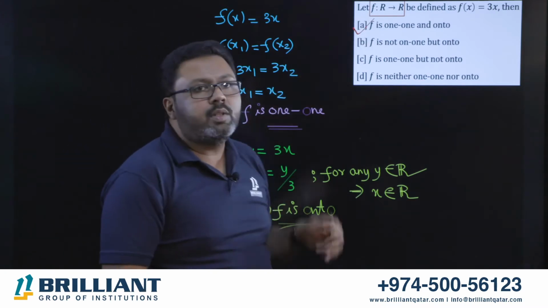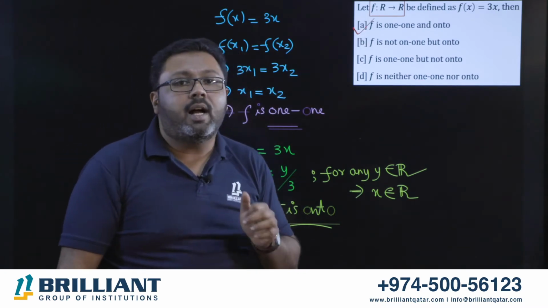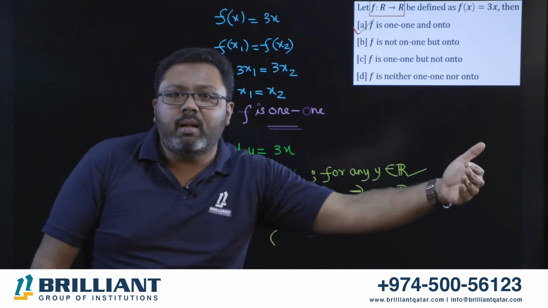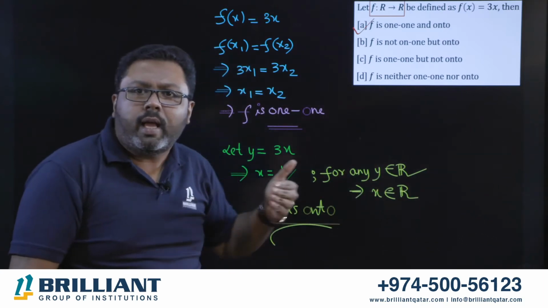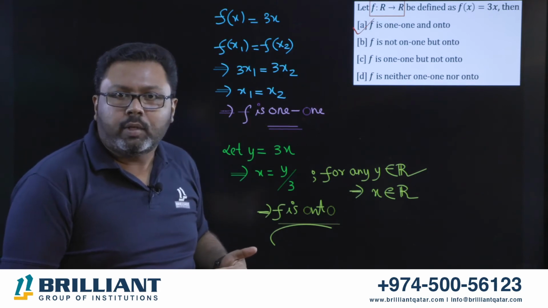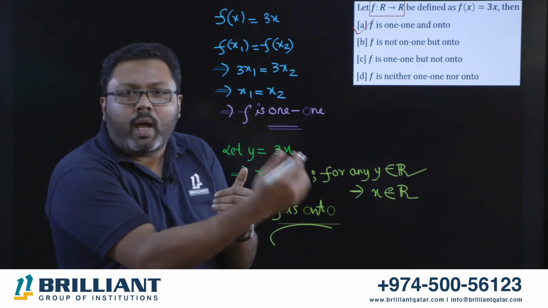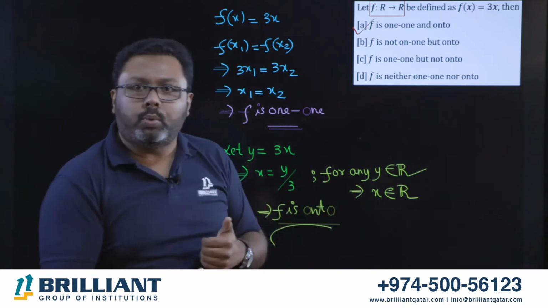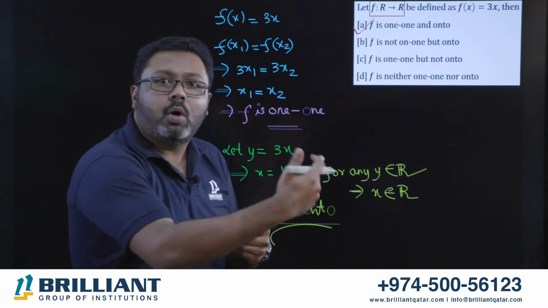If my domain was natural numbers, then it is not onto, because every real number in Y does not have a pre-image that is a natural number in X. Got it? So there are elements of Y which do not have pre-images, then it will become not onto.